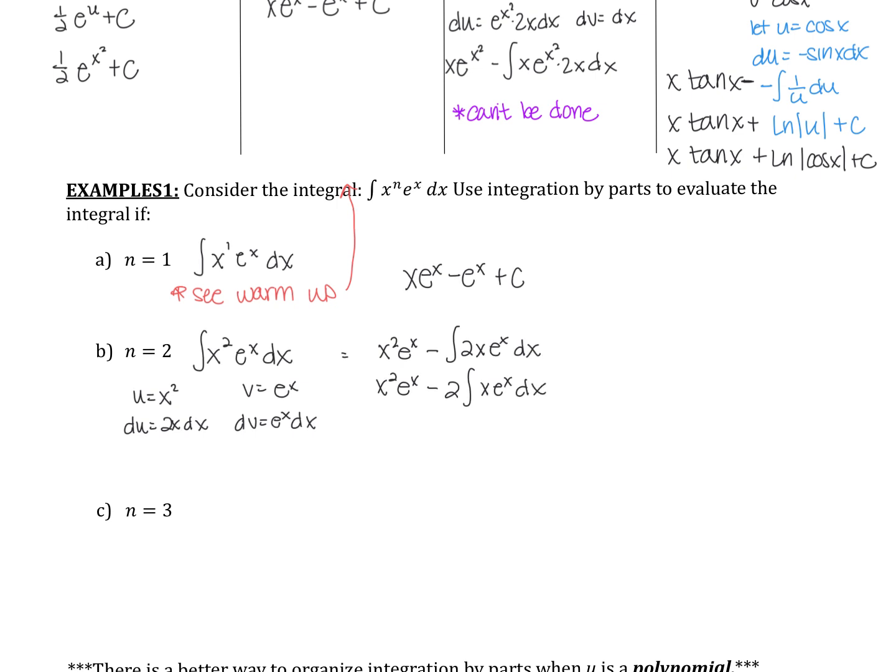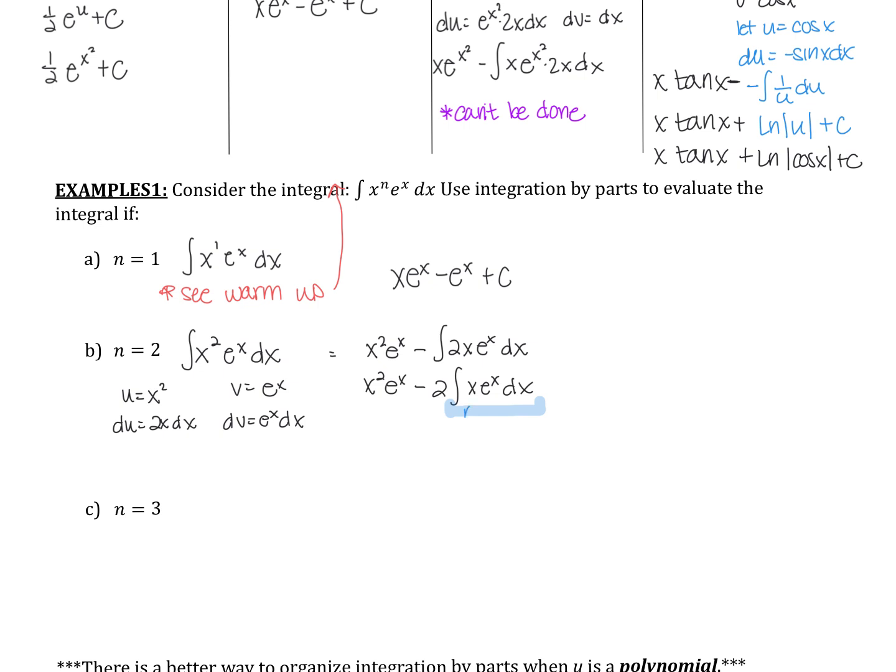What did you notice when you got right here? Hopefully you noticed that this looks awfully familiar. We've seen that before, right? We know that right here, we're going to need integration by parts again, right? So if we were to do integration by parts of just this one, obviously I have the answer up above, but we would let u equal x.